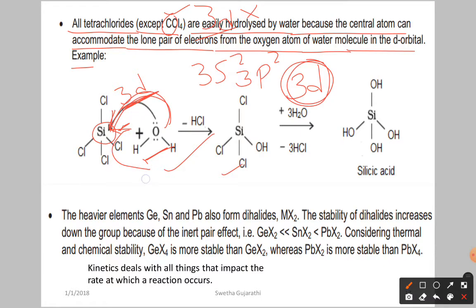One chlorine is lost and replaced by one OH minus. Like that, if you replace all the chlorine atoms, you get silicic acid, in which all chlorine atoms are substituted by OH groups. This is a nucleophilic substitution reaction.